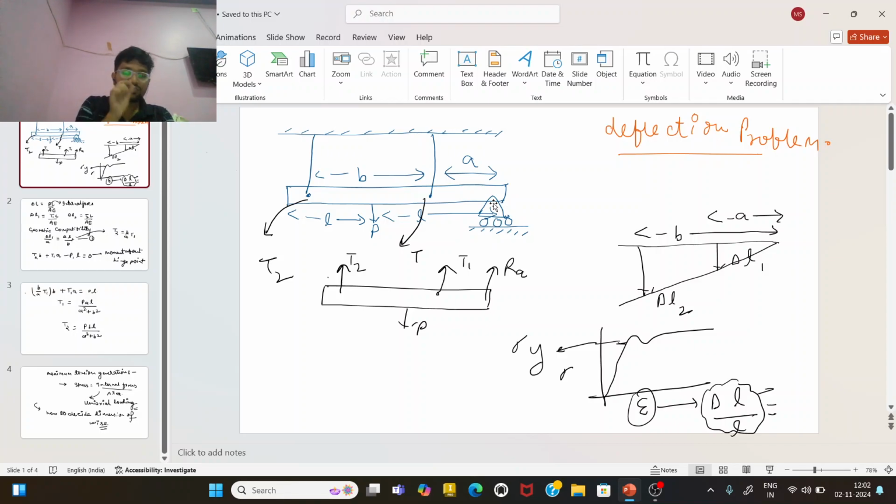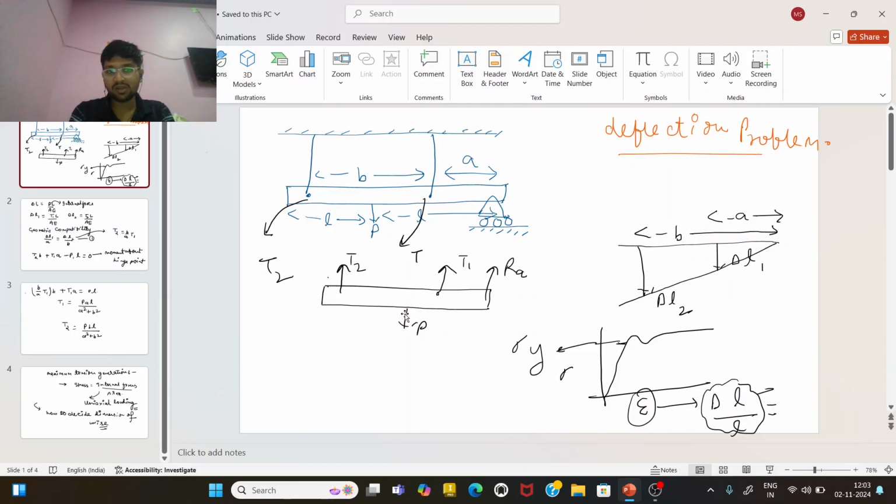First we make a FBD of this rigid bar. When we remove the elastic wires while drawing the FBD, the tension due to wire 2 is T2 and the tension due to wire 1 is T1, and the reaction provided by the roller to the system is RA.